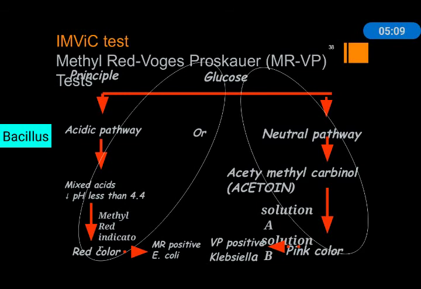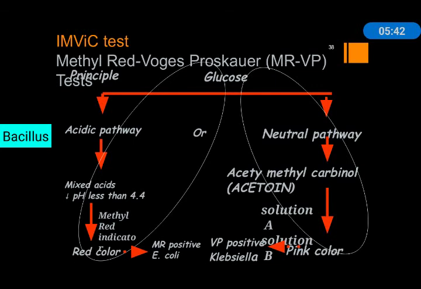The acidic pathway is considered the methyl red test, a mixed acid pathway, and when the medium becomes mixed acid, the pH is less than 4.4. Methyl red indicator is added into the medium and forms a stable red color. Remember this: a stable red color means the test is positive, and E. coli gives a positive test.